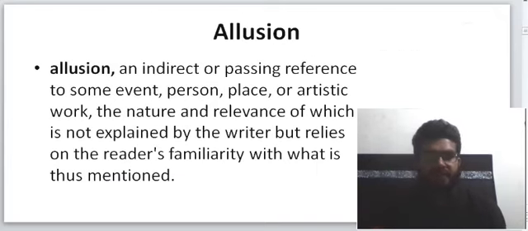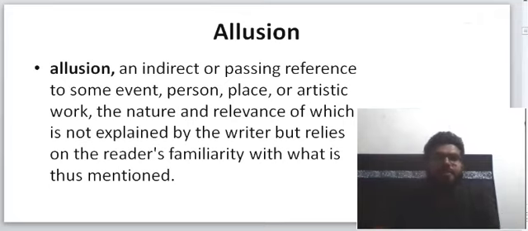Second in this list of literary terms is allusion. Now, allusion means an indirect or passing reference to some event, person, place, or artistic work, the nature and relevance of which is not explained by the writer, but relies on the reader's familiarity with what is thus mentioned.